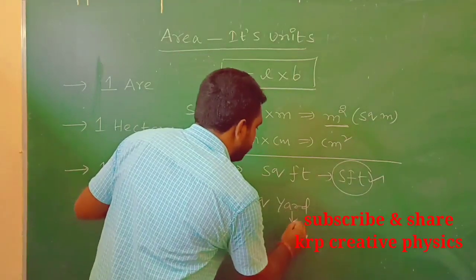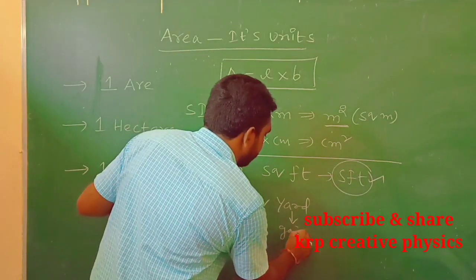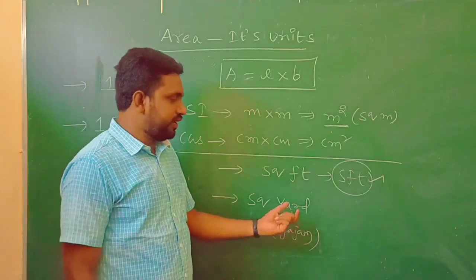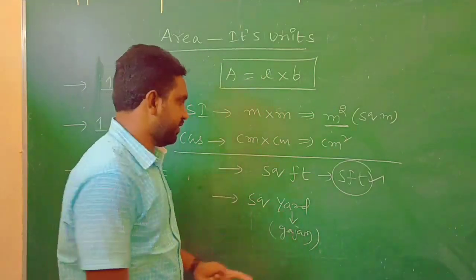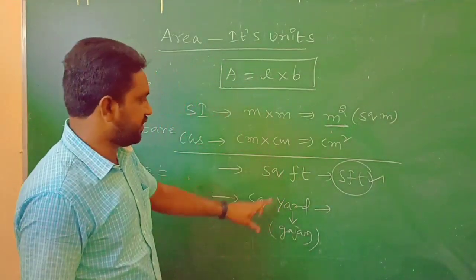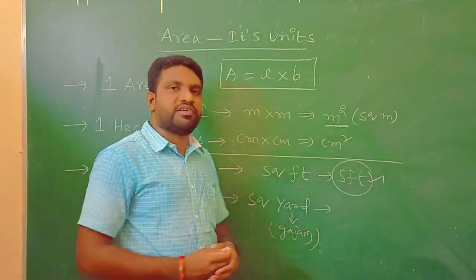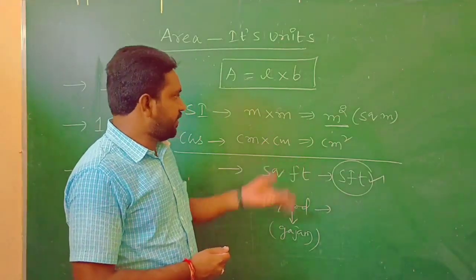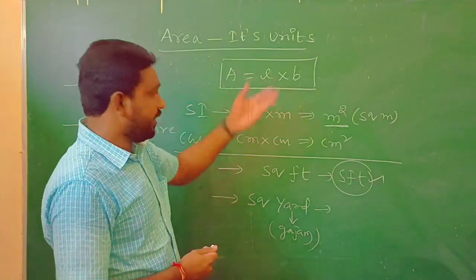Yard in Telugu is said to be gajam. Everyone has heard this term. How many gajams are there here? Square yard and square feet, these two units are used to measure land. These are the different types of units of area.